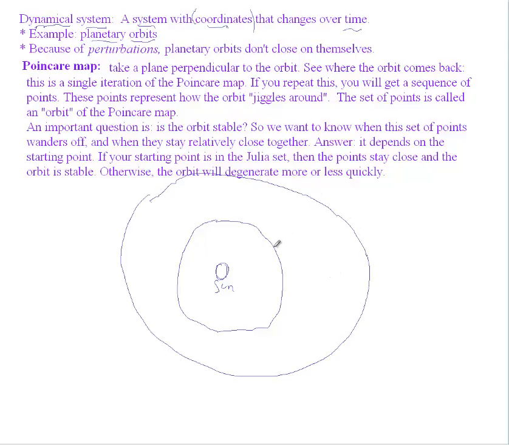So these planets move around the sun, and the planets have a location at any time. I can have three coordinates in space that describe the location at any time, and x, y, z are functions of time.